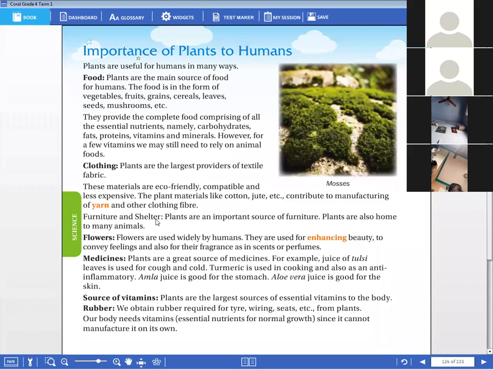But plastic takes many hundreds of years. So the clothing that comes from the plant is eco-friendly and less expensive. The cost of it is also very less. Expensive means cost. The cost which we pay to buy the product is very less.